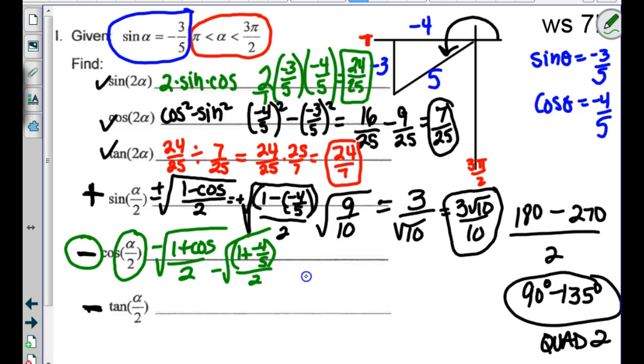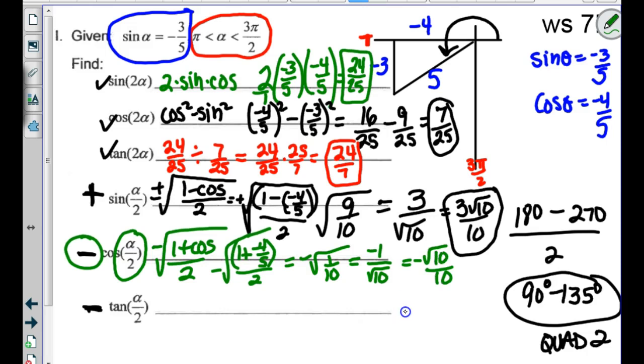Math, enter, enter. Negative square root of 1/10. What's the square root of 1? So I have negative 1 over square root of 10. I don't need the negative twice, right guys? Just once. So when I rationalize that, it will become square root of 10 over 10.